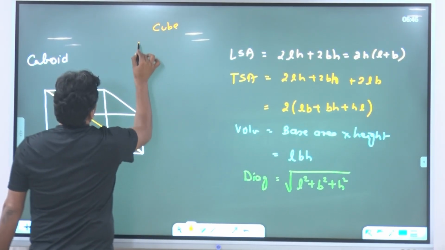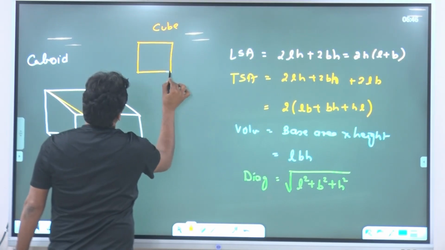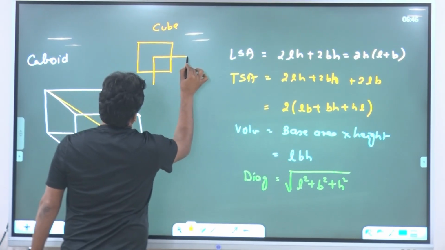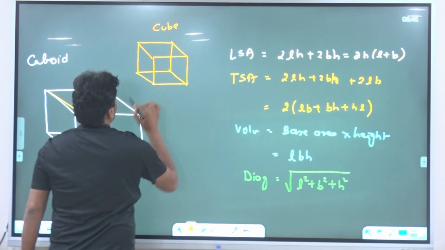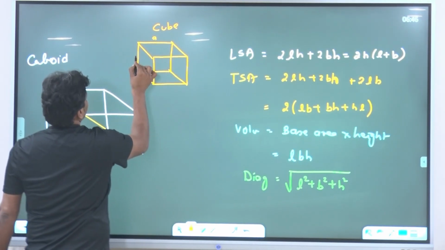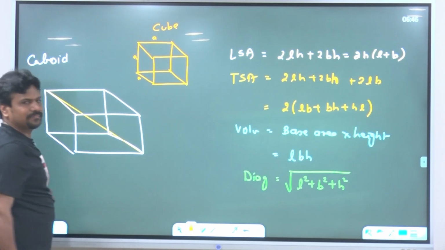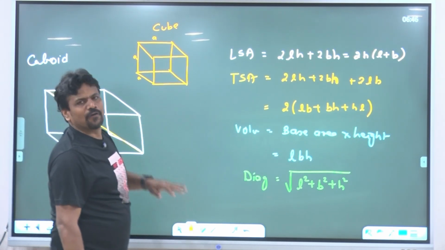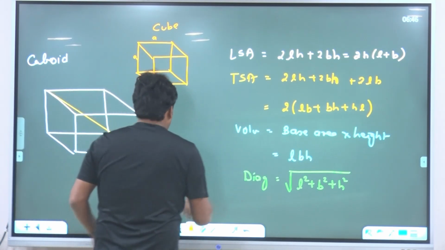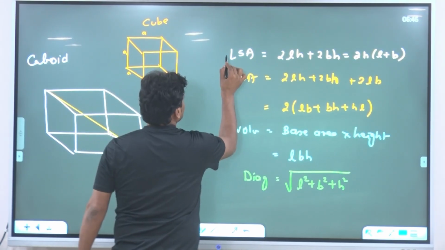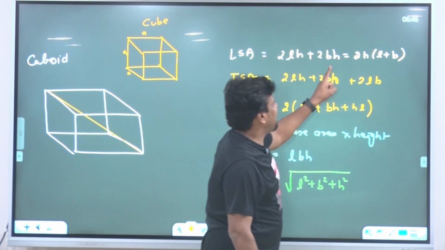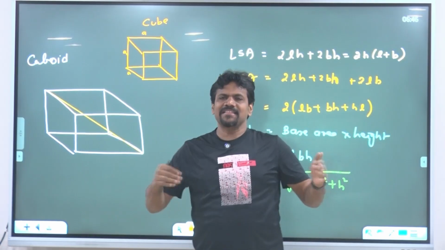We all know it is when L, B, H all are equal. So this is A here, A here, A here. So how do you get the formula for cube? It is simple. In these formulas itself, just put A everywhere, because height is A, length is A, breadth is A.